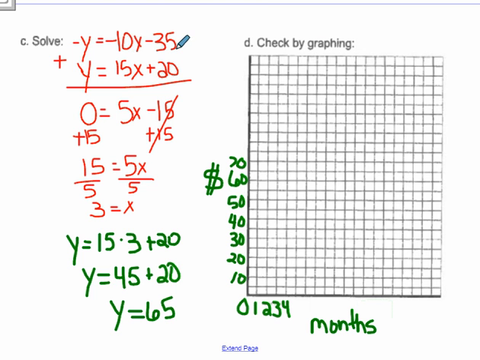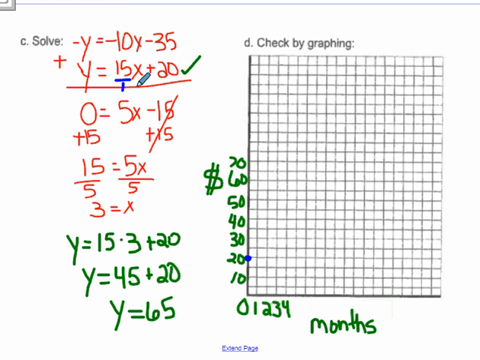Looking at my two equations here, we can start with this equation right here. I start off at the point 20. That's my y-intercept. Let's do this in a different color so we can see it a little bit better. So I start off at 20. Then I have my slope.